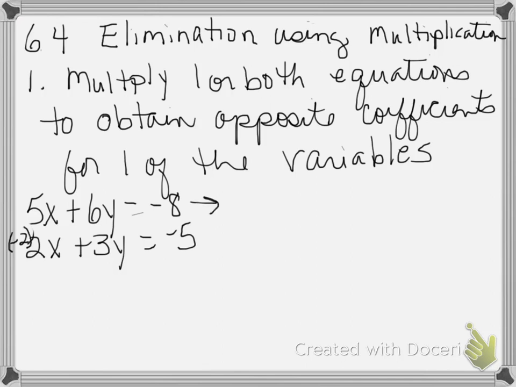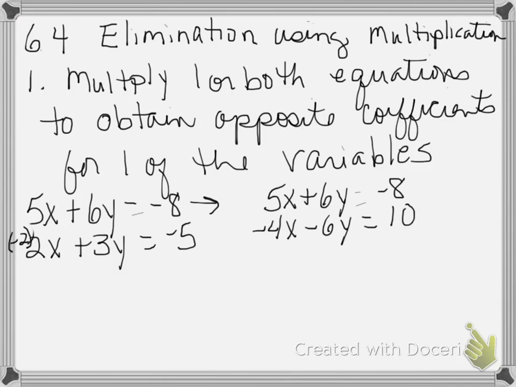The first equation I'm just going to recopy, and the second equation I'm going to multiply every single term by negative 2. So that's negative 4x, negative 6y, and don't forget to multiply negative 2 times a negative 5 and give me a positive 10.